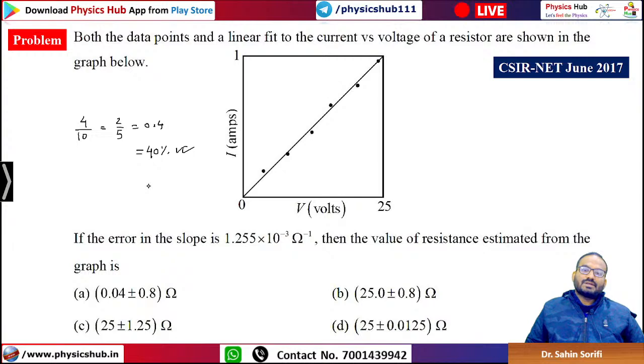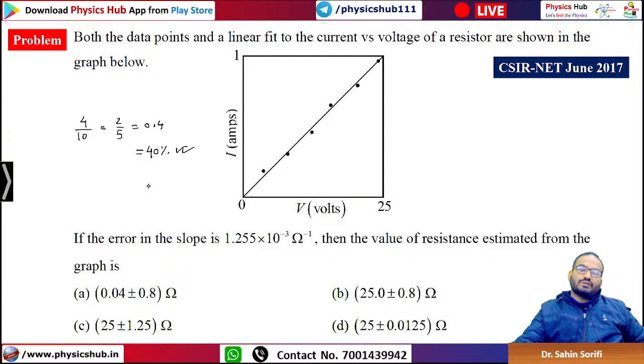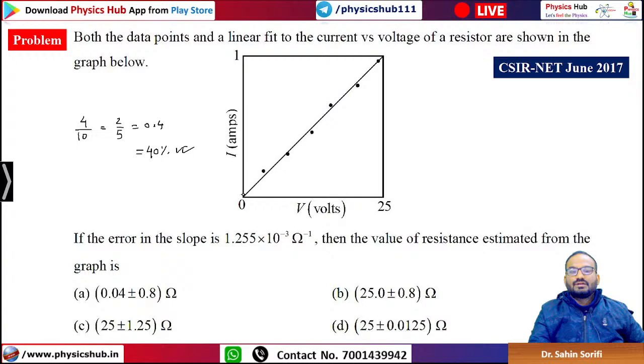Do this one, guys, quickly. What is the slope of this curve? From this figure, you know the values here.